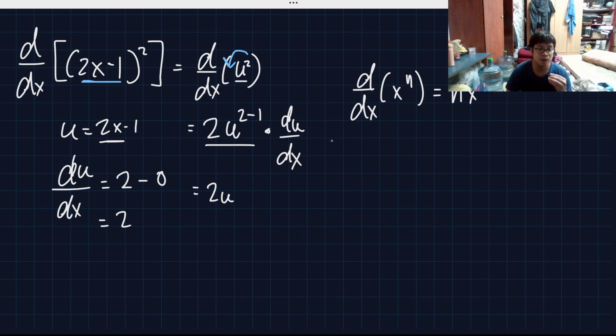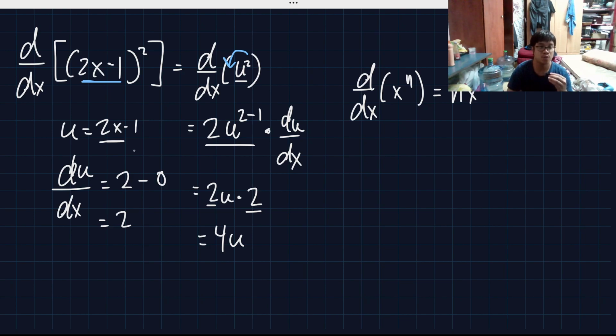Then next, we have du all over dx, right? So we're going to simply substitute to here. All right? Then, speaking of substitution, yes, we have du all over dx as 2. And if you're going to combine 2 and 2 together, we will have 4u, right? But the thing is, it's not done yet.